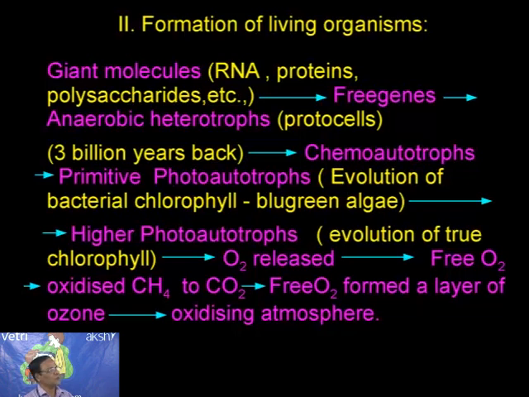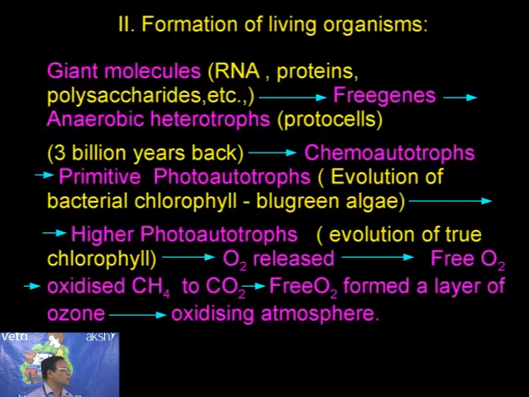The magnesium porphyrin compounds present in the seawater then evolved into the first chlorophyll, the primitive chlorophyll, what we had in the case of blue-green algae, simply called the bacterial chlorophyll. So the chemoautotrophs manufactured the bacterial chlorophyll, a primitive chlorophyll, from the porphyrin compounds from the marine water.